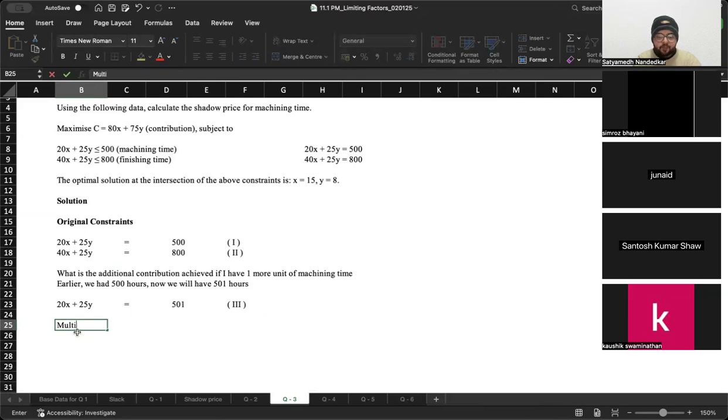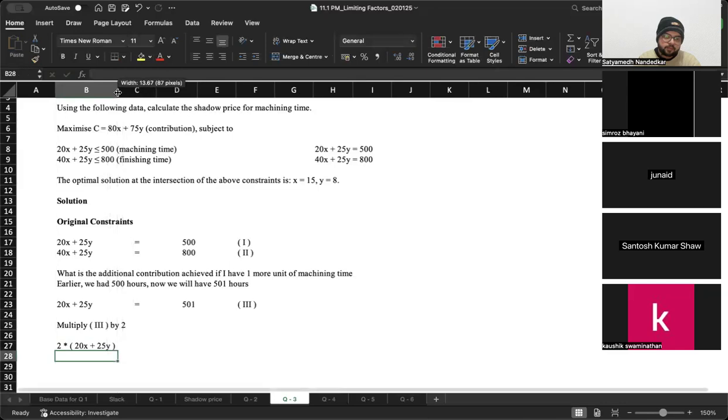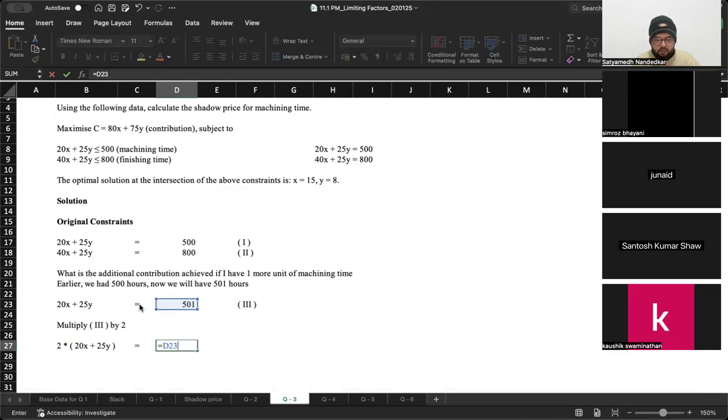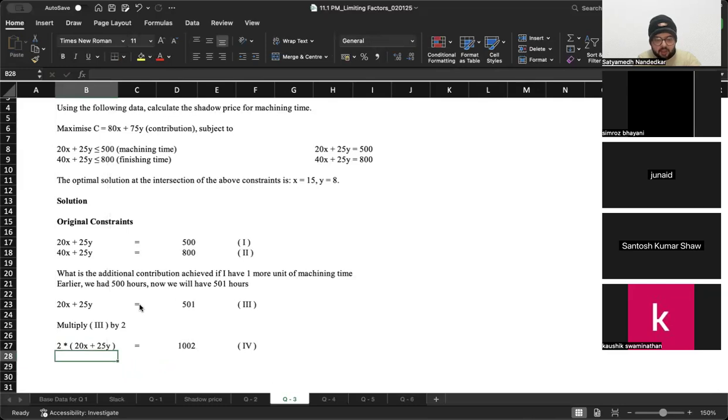So multiply equation 3 by 2. 2 into 20x plus 25y into 2. This is my equation 4. It becomes 40x plus 50y. Here I can write 501 into 2.